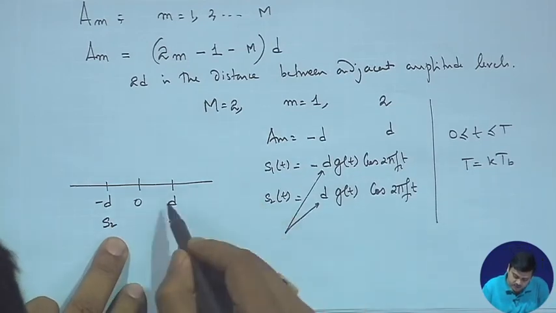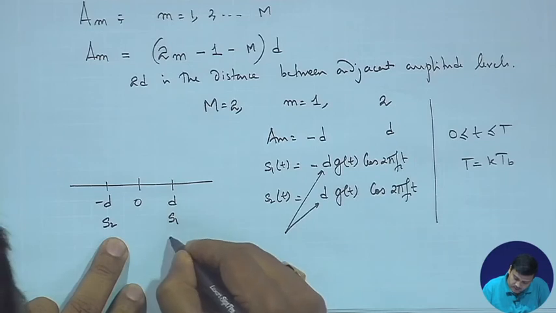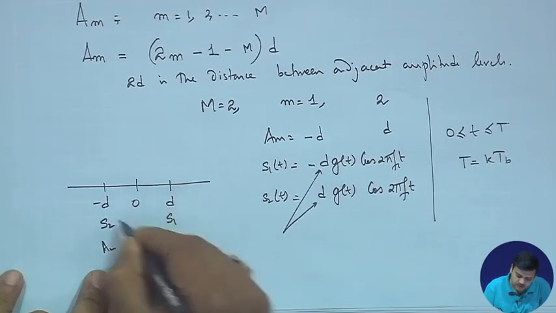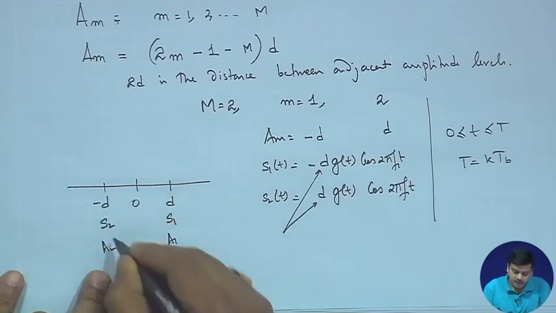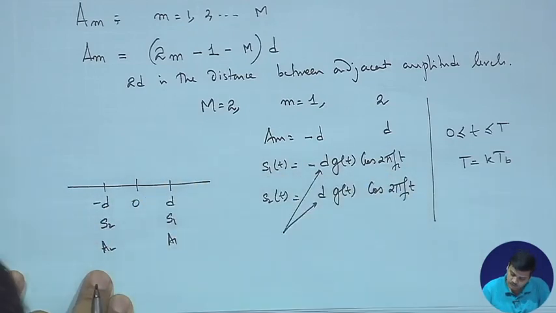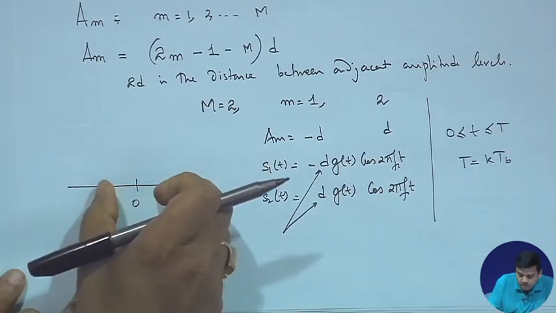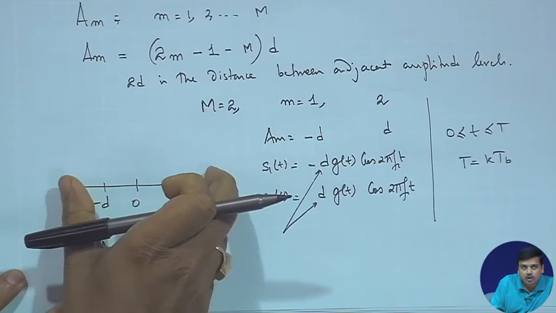So, that means this is A1 and this is A2: the amplitude of the first symbol and the amplitude of the second symbol, and these are carried through. And what is d? By choosing a value of d, you could make these amplitudes smaller or larger.